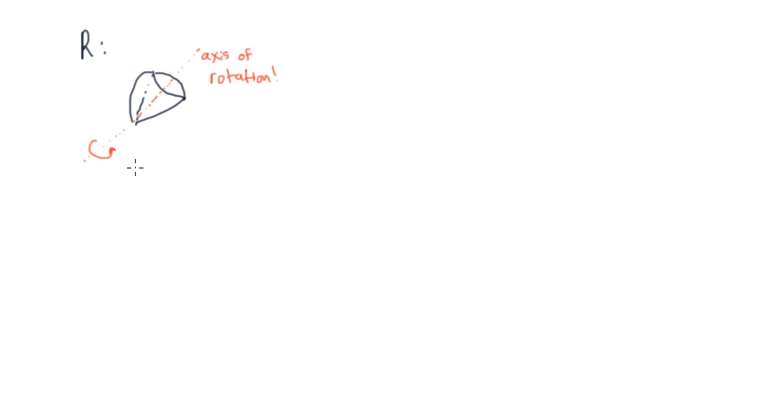And then what we want to do is say, well, how well is an object able to spin? So certainly, some objects are easier to spin than others. Now, in a linear motion sense, all we really care about is the mass. So if I have a semi-truck that has a lot of mass, it takes a lot of force to move it.